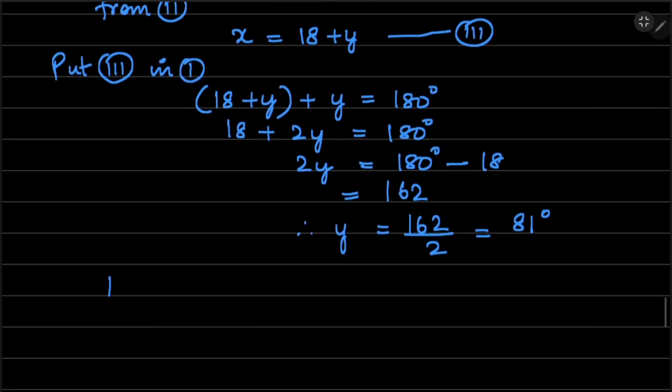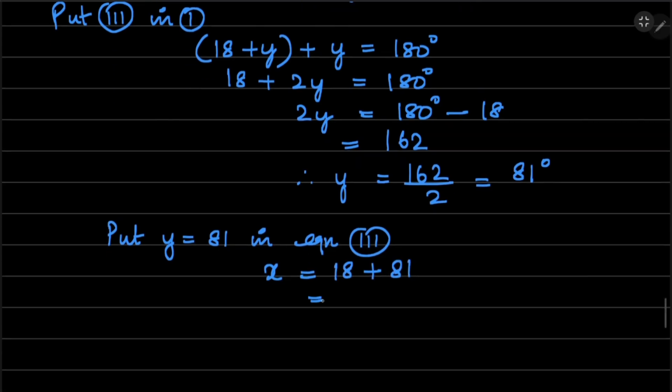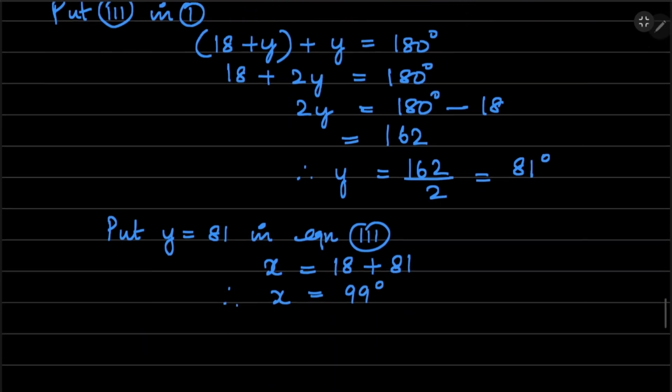Then you can substitute y equal to 81 in equation 3 and you can get x. So what is x equal to? 18 plus 81, which is 99. Therefore, x is 99 degrees. Since it is an angle, the unit will be degrees.